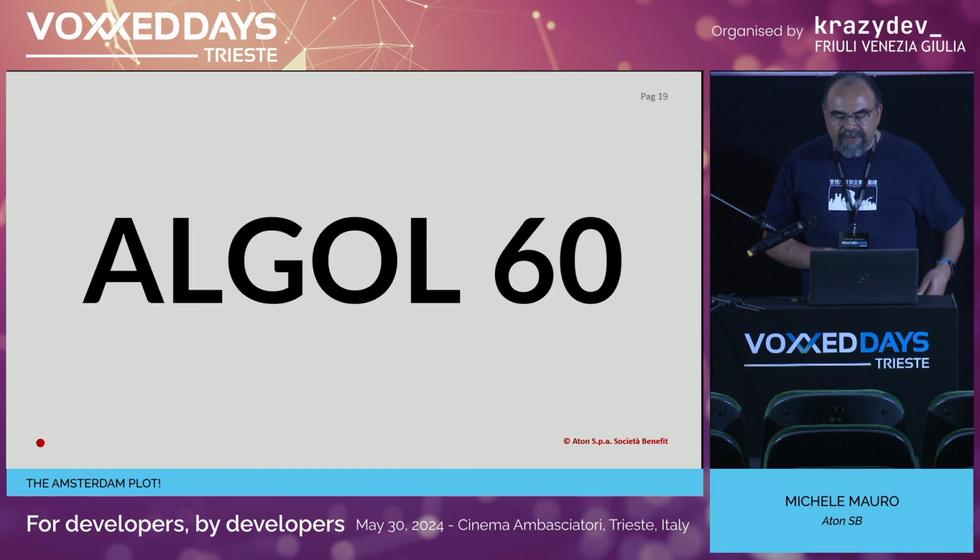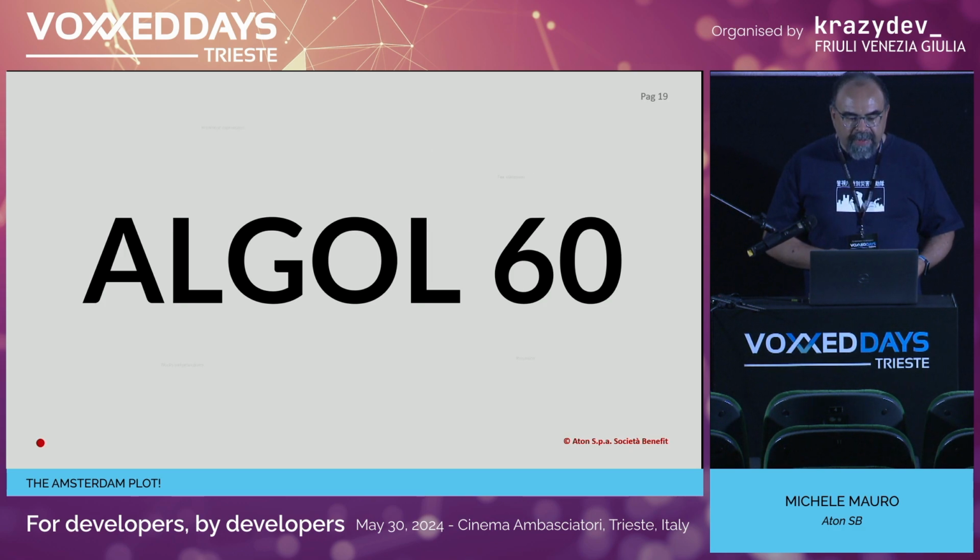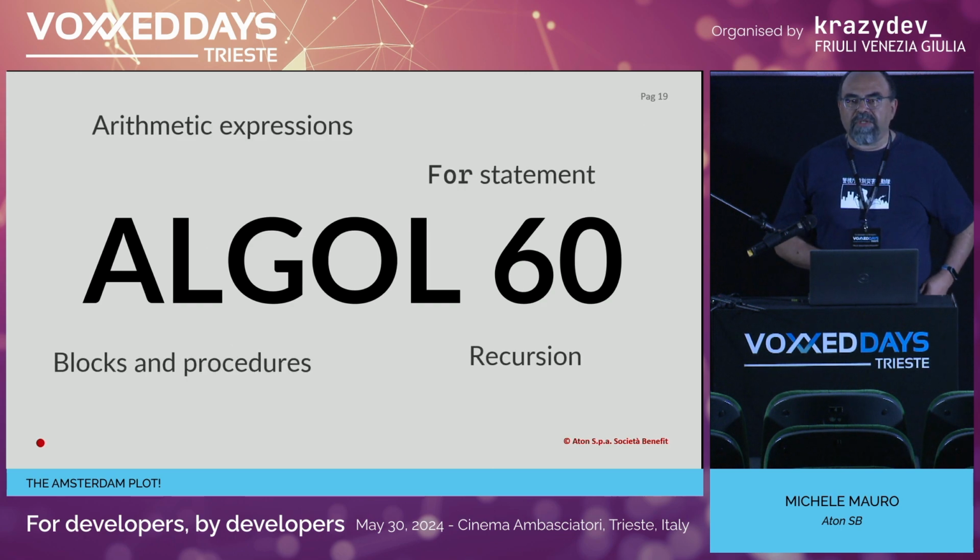And so ALGOL 60 came out with everything that became common understanding of what a language should have: arithmetic expressions, iterative and conditional statements, blocks and procedures to organize code, and recursion.